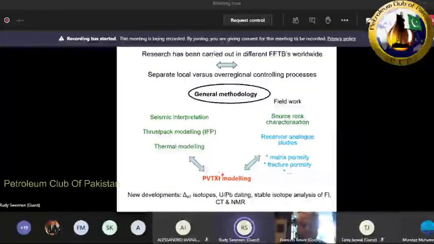At that time, certainly this was rather challenging because, for example, for the timing, we had a kind of relative timing, but nowadays we have new developments in carbonate diagenesis, which allow us to really have the absolute timing of a diagenetic event by, for example, uranium-lead dating.